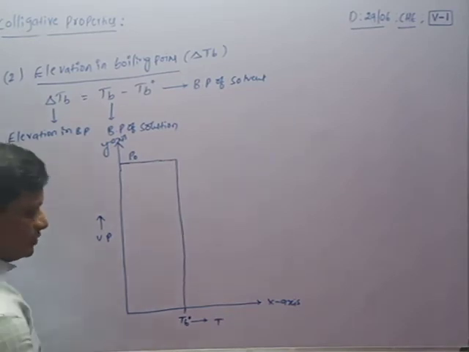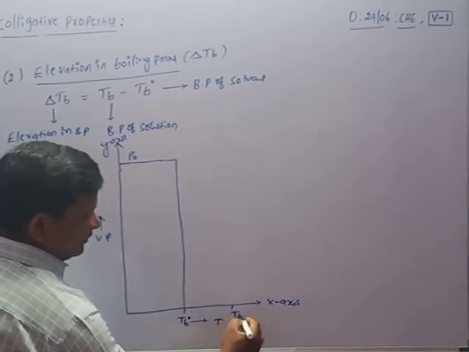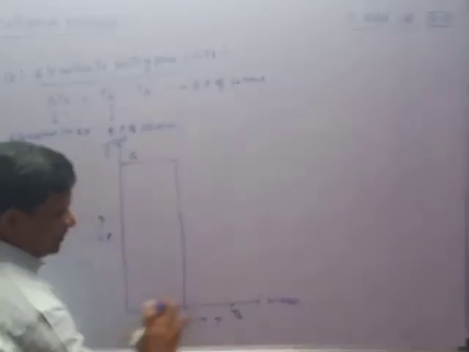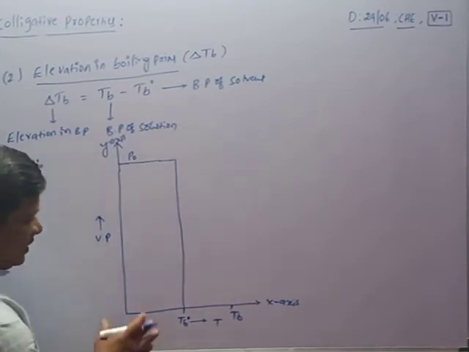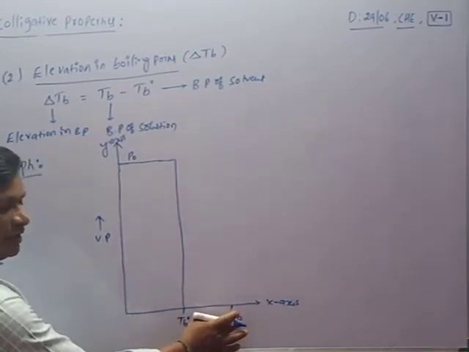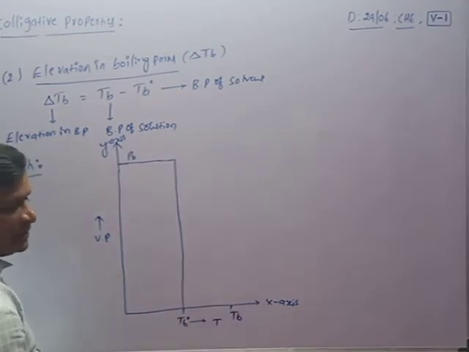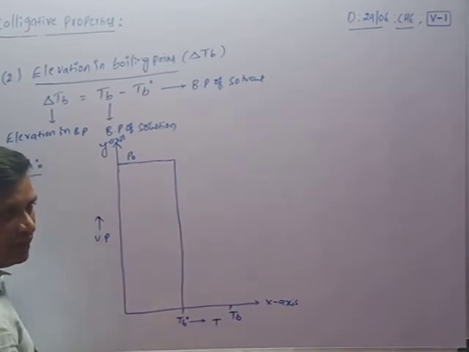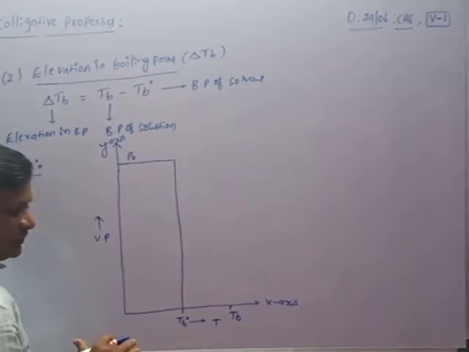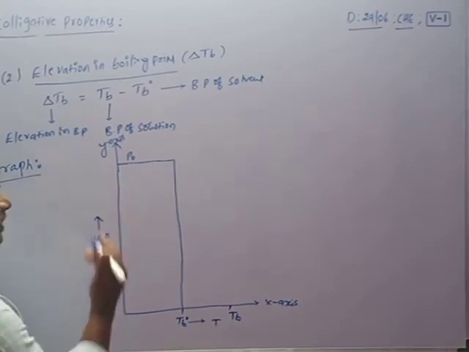From left to right, the boiling point increases, and the vapor pressure decreases. So a solution with a higher boiling point has lower vapor pressure, while a solvent with a low boiling point has higher vapor pressure.